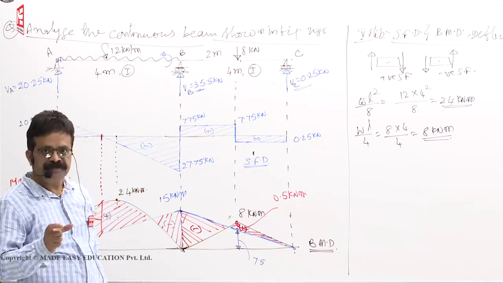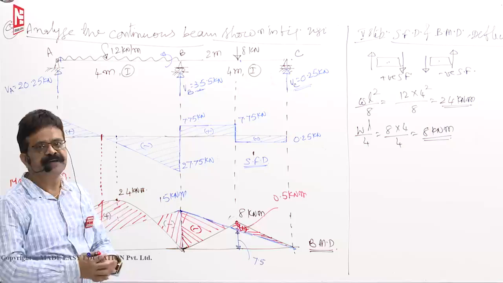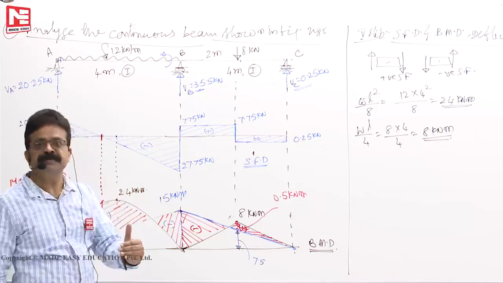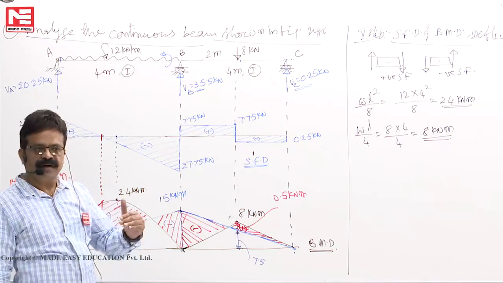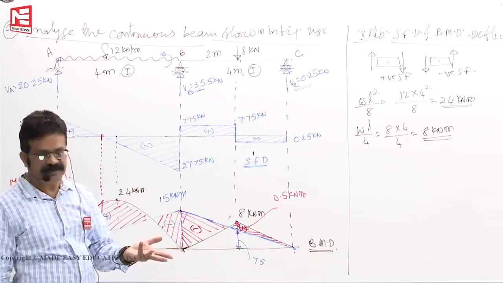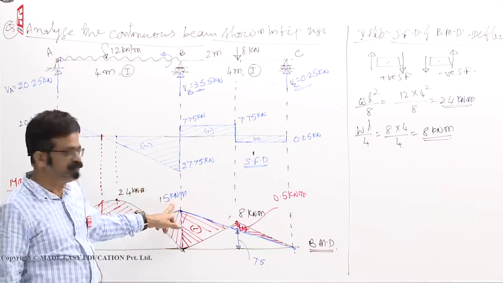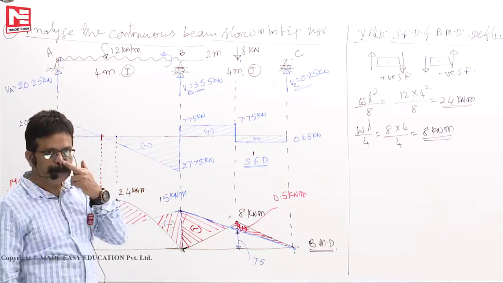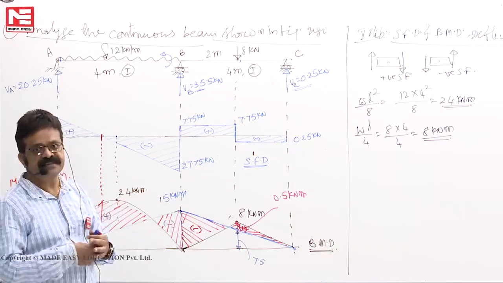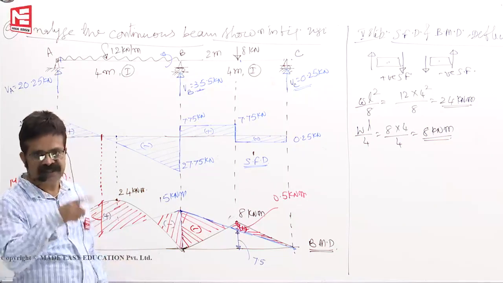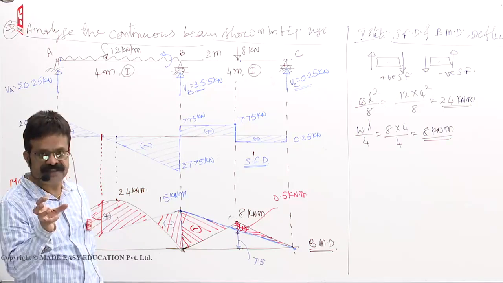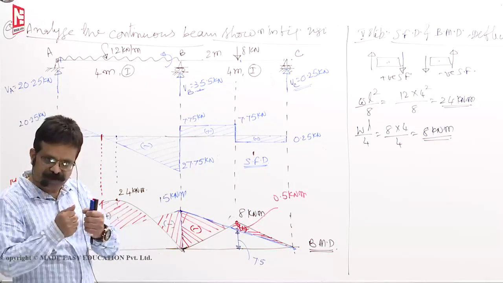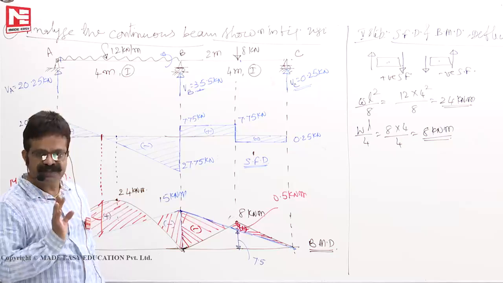A beam can fail because of the minimum bending moment or maximum bending moment. That means because of minus 15 or plus this value, whatever it is, it can fail. Okay, same is the case in the principal stresses, Mohr's circles. When an element fails, it can fail because of the positive stress or negative stress.